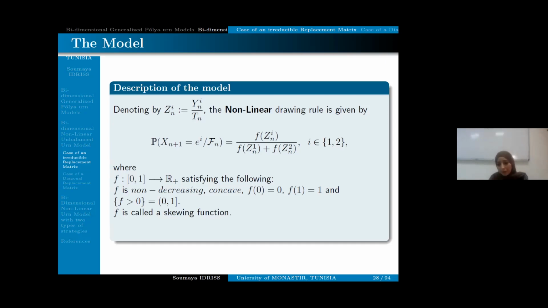What happens if we have more than one stable zero? Actually, this is my next project. At this stage, I'm not able to determine exactly what happens, but I might have an idea, probably because the process converges almost surely to a stable zero.